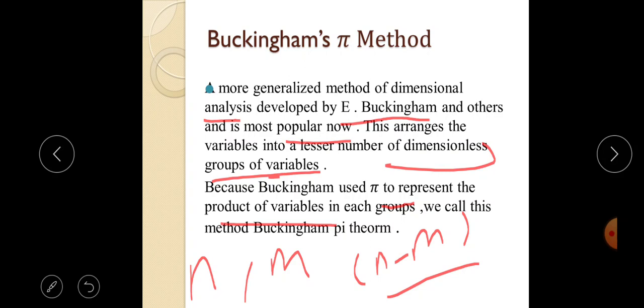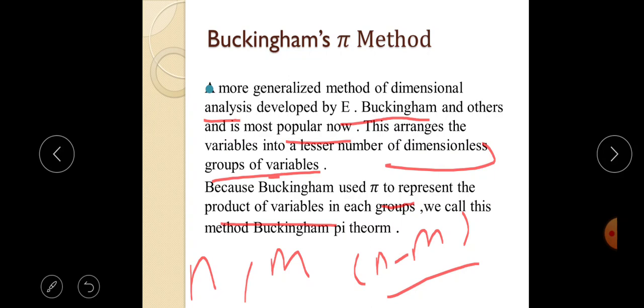Now, what is the advantage of using Buckingham's pi method? The advantage is that one can predict the number of dimensionless groups to be expressed.